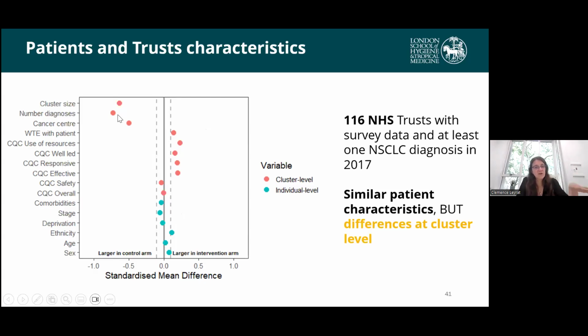So clusters below target were usually bigger and more often cancer centers. So big centers with a lot of expertise. And on the other hand, the clusters in the intervention arm with more nurses were the trusts not doing very well in terms of performance, which reinforced our thinking that maybe the resource allocation was based on performance.